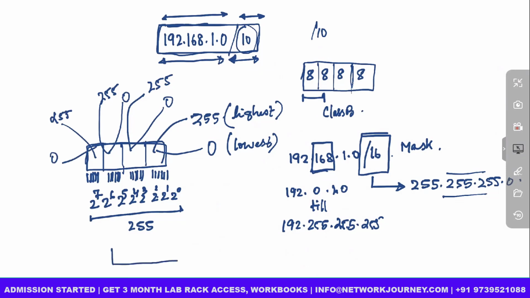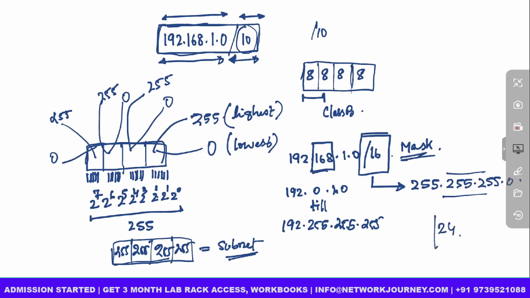So if you write them 255.255.255.255, now this is a subnet mask format. It's called subnet, whereas this is called mask. So if someone gives you this, you should know how to elaborate it: 8, 8, 8, and 0.